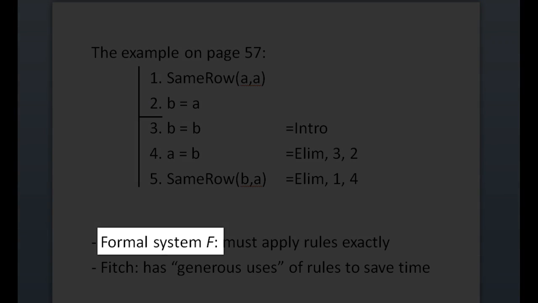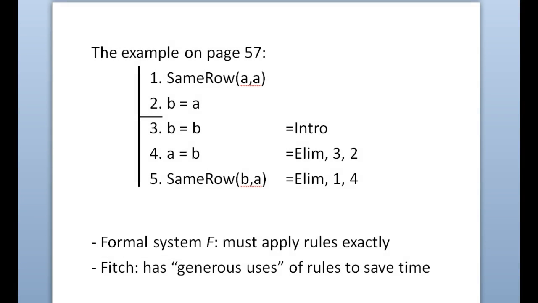In the formal system F, which is what these rules are really part of, and which is an absolutely unforgiving system where you have to use the rules exactly as they're formulated, this would be the only way that you could prove line 5 from lines 1 and 2.